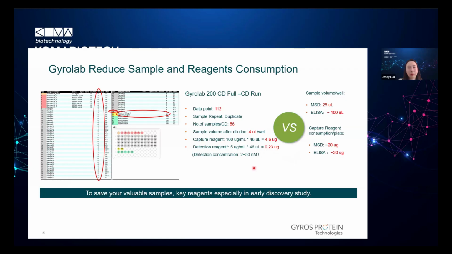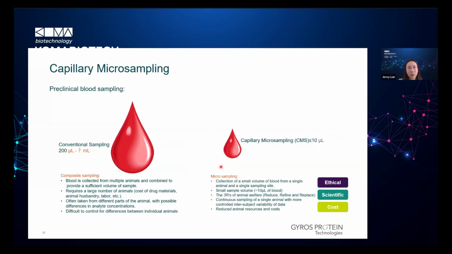In this way, the applications that benefit most from this are those using, like, transgenic mouse, which means the mouse is quite high cost. In this way, we could really reduce the amount of mouse that we use. Why is this? It's because we could support microsampling.